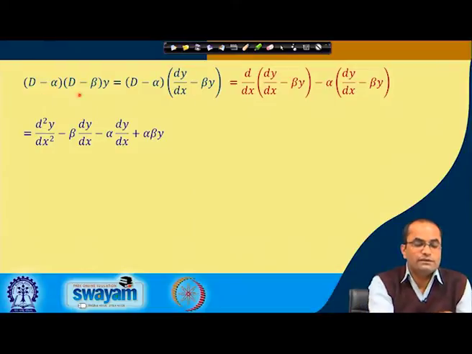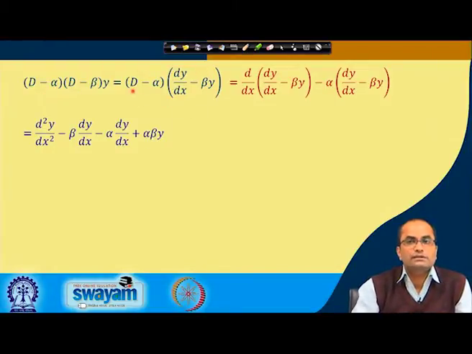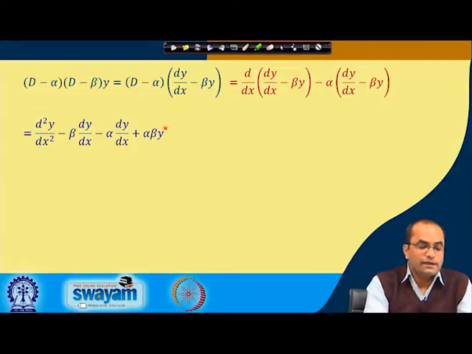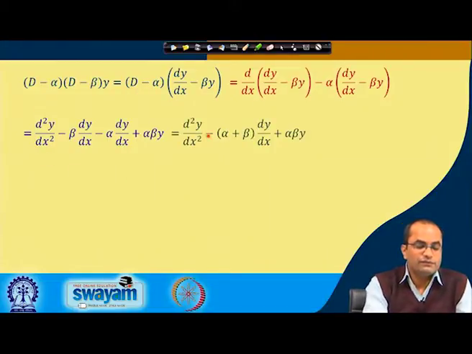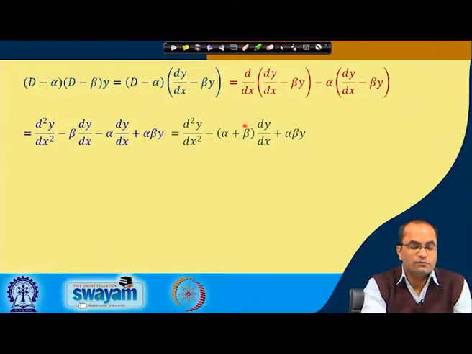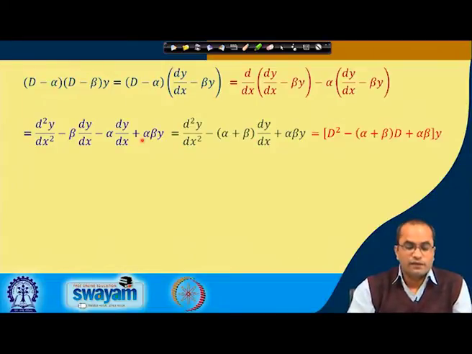First we have operated D minus beta and then D minus alpha, and as a result we got this, which we can write in another form: the second order derivative term, and since we have the common term dy over dx, taking it common we get minus alpha plus beta, plus alpha beta y.